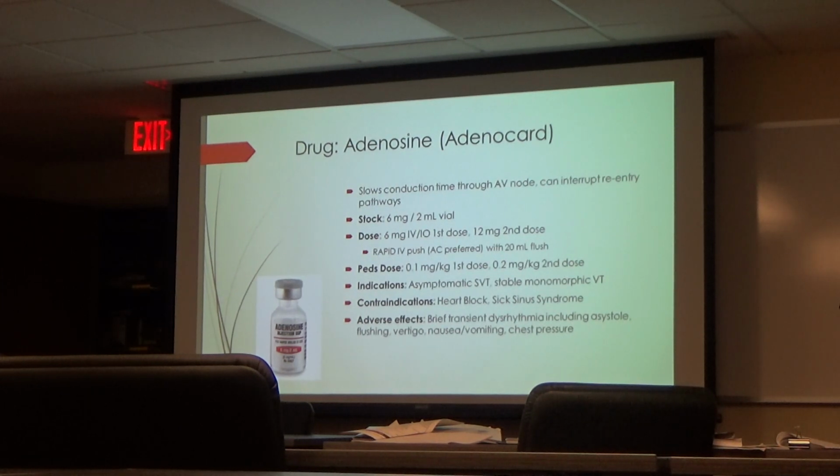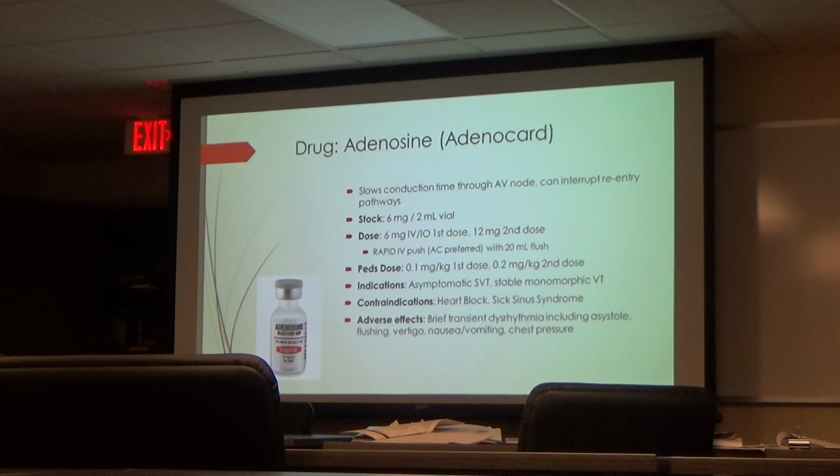We start off with the 6 milligrams, we do a rapid IV push, and then the second dose is 12 milligrams. American Heart goes ahead and says you could try one more 12 if you wanted to. The big thing is that we get that in fast because it's only got a half-life of about 8 seconds. So we start in the AC, push it in fast, and then follow it up with a 20 cc flush.